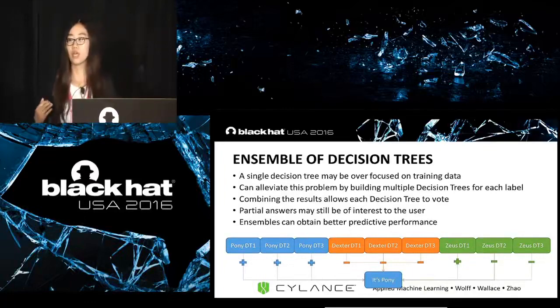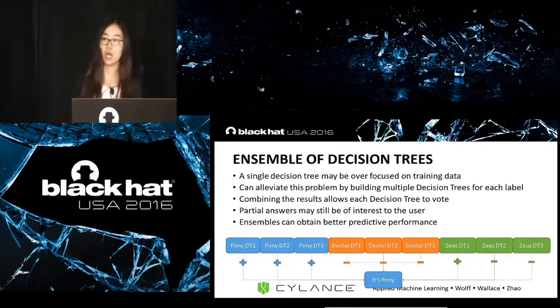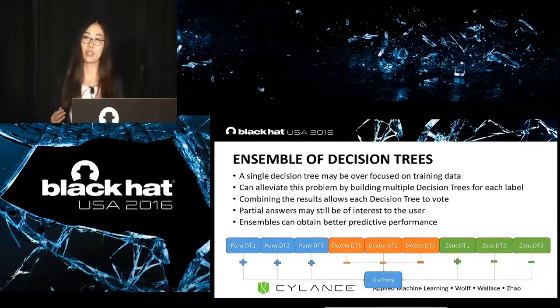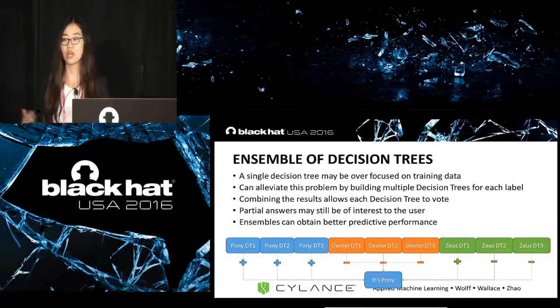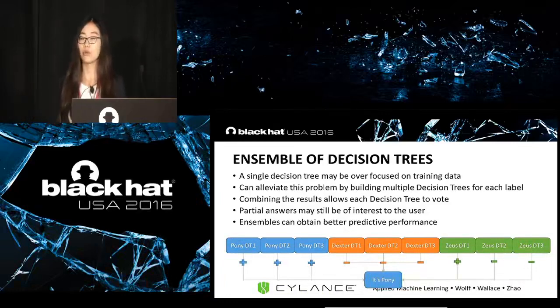In our case, we need to classify the samples into multiple different types of ID panels. For example, we want to classify into Pony or Dexter or Zeus or not a known panel. For doing that, we actually have 13 labels, and it will heavily overfit.